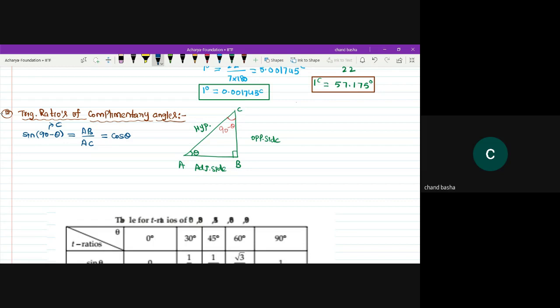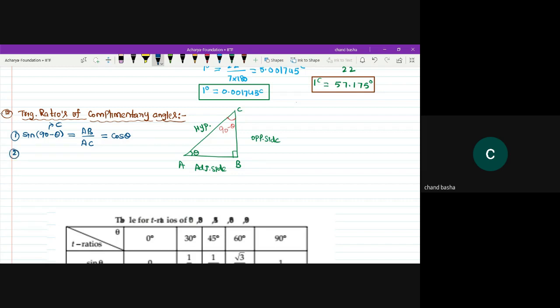So in terms of theta, is it cos theta? AB means adjacent to theta, hypotenuse. So AB upon AC means cos theta. It means that sine of 90 minus theta is cos theta. Hope you can understand my point.